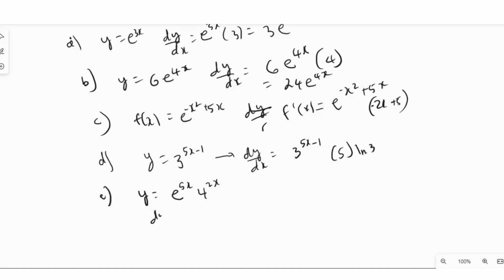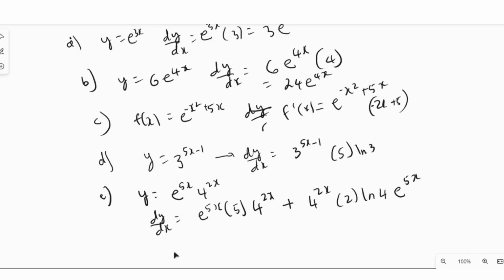So dy/dx is equal to the derivative of the first function, which is e to the 5x times the derivative of 5x, 5, times the second function, plus the derivative of the second function, which is the same, 4 to the power 2x, times the derivative of the exponent, times ln of 4, times the first function. Okay, so we derive the first, multiply by the second one.